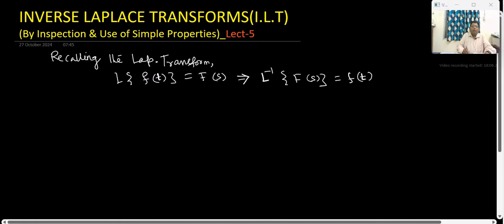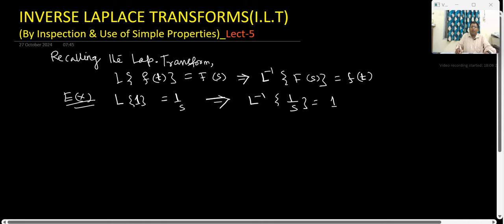For example, if you are given L of 1 is 1 by s, immediately you get L inverse of 1 by s is equal to 1.